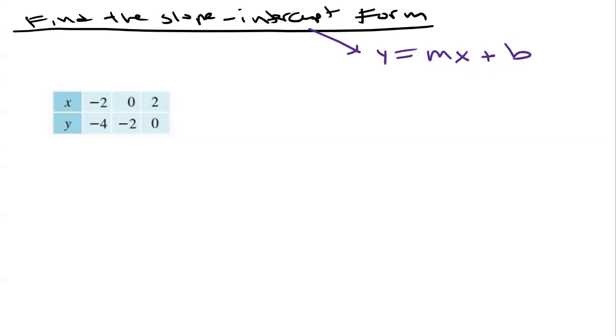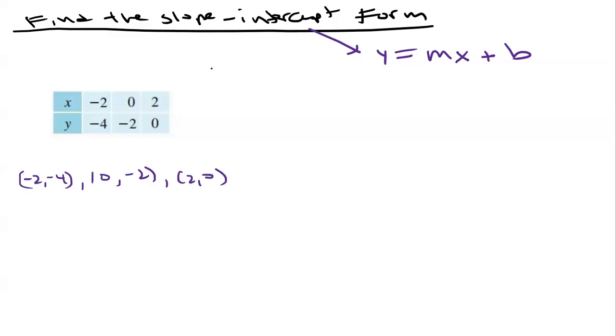Okay, so they all line up in some kind of line, so it doesn't matter which point you pick. Remember, these are pairs: negative two, negative four is one pair. The other pair is zero, negative two, and the third pair will be two, zero.